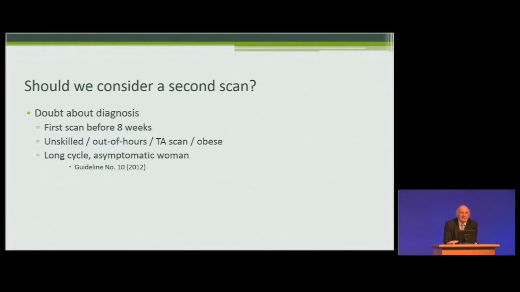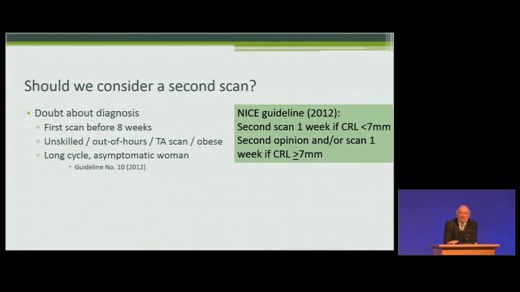Now, getting back to the NICE guideline in 2012, the recommendation there is a second scan should be done in 1 week if the CRL is less than 7. So they will acknowledge if it's 7 millimetres, no fetal heart, then you've made your diagnosis. But they will also say that you could have a second opinion and/or a scan in 1 week if the CRL is equal to 7 or more.